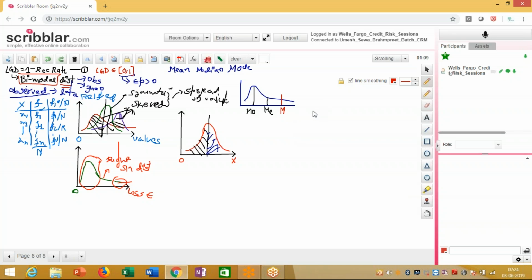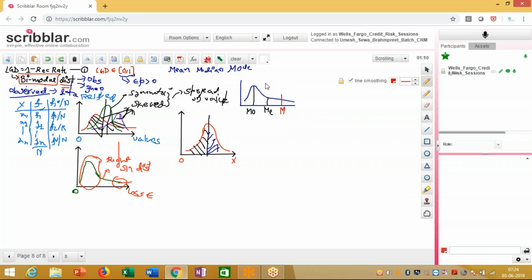Because the mean is nothing but the average. It is the sum of the values divided by the total number of observations. When I'm averaging it out, the mean value will tend to get pulled up by the extreme values. Because some extreme values lie at this end, the mean value is slightly biased towards the upper side.